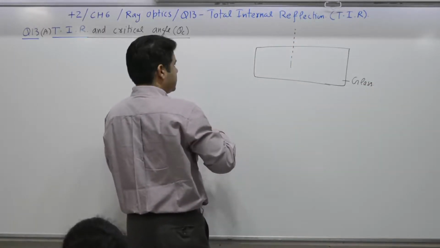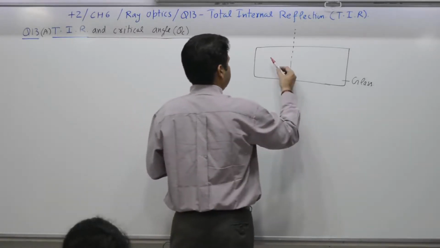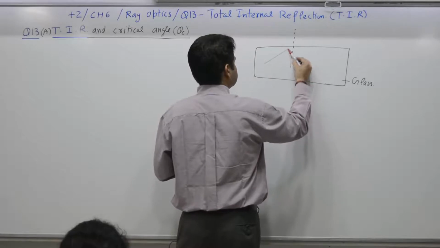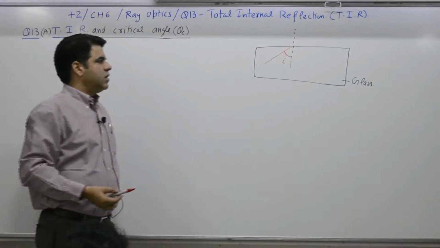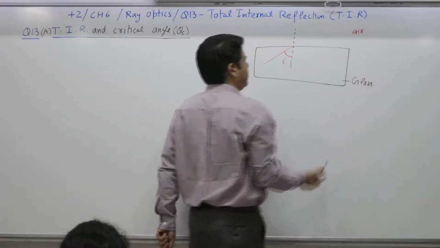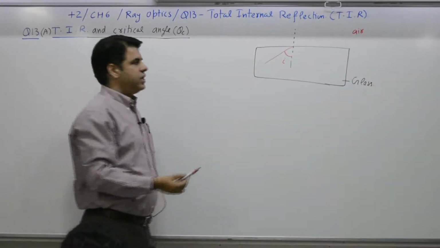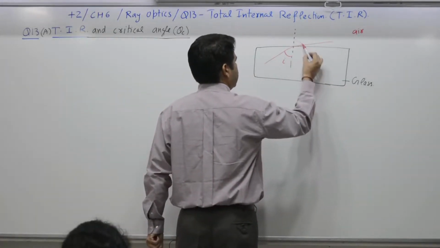When this ray travels from one medium, glass, this is the angle of incidence. This is air. When the ray travels from glass to air, it was termed as refraction, and this angle was R.